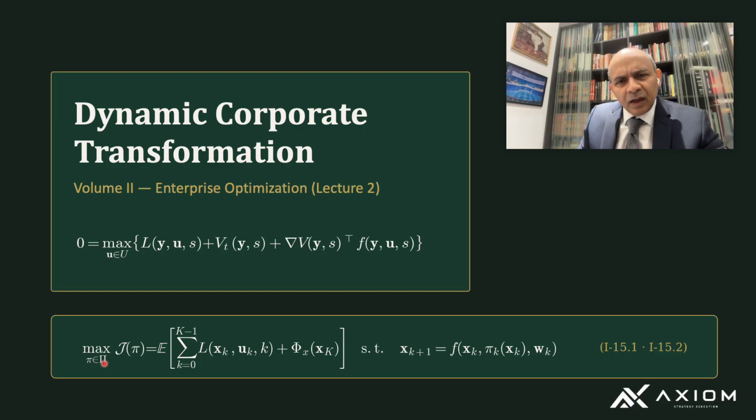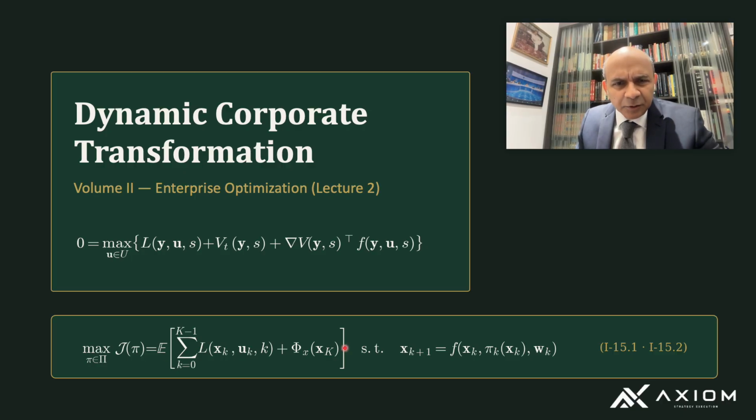And the capital Pi is the set of feasible state-contingent decision rules. So pi of k is the control prescribed by the policy at period k when the enterprise is in state x of k over here.